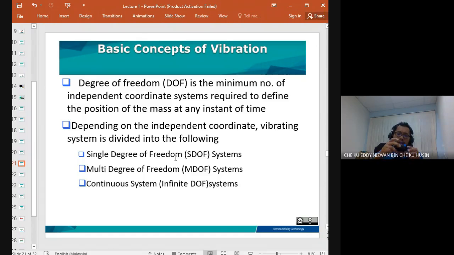And if at the same time it can also rotate like this, we declare it a 3 degree of freedom system because there is another independent coordinate, it can rotate or twist like this, and we can add another degree of freedom. That's what we call degrees of freedom.